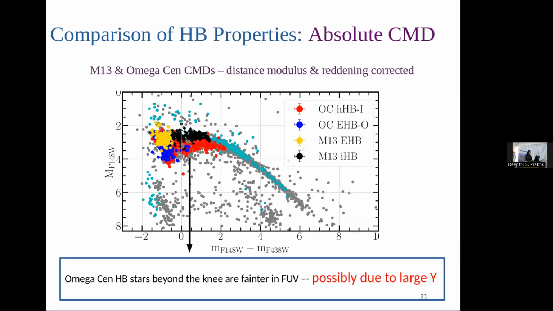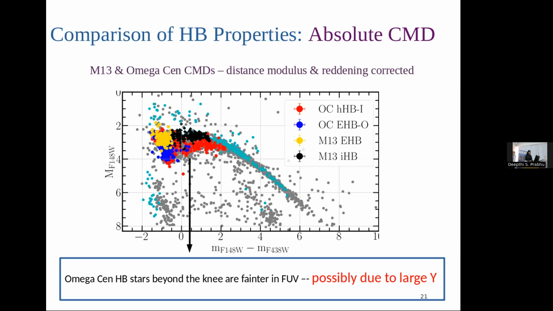So on the absolute CMD, since both these clusters are at different reddening and different distance moduli, we brought them together on the absolute CMD by correcting for the distance moduli and reddening. Here also we find that there is a difference. Both these CMDs should line up together.